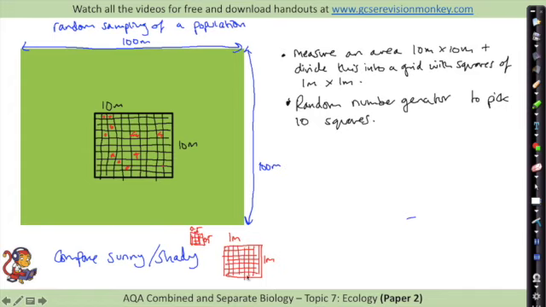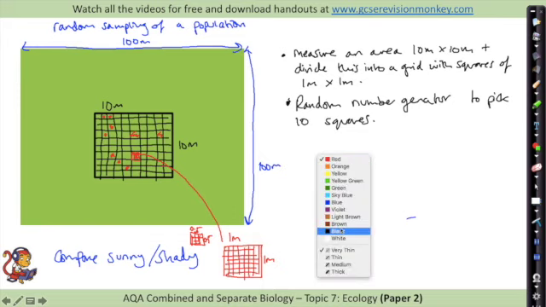I'm going to suggest we're going to use a 1 metre by 1 metre quadrat, and what we would do is place that on one of our sampling squares, and we would count the number of daisies within that quadrat. So we can build up our method here.